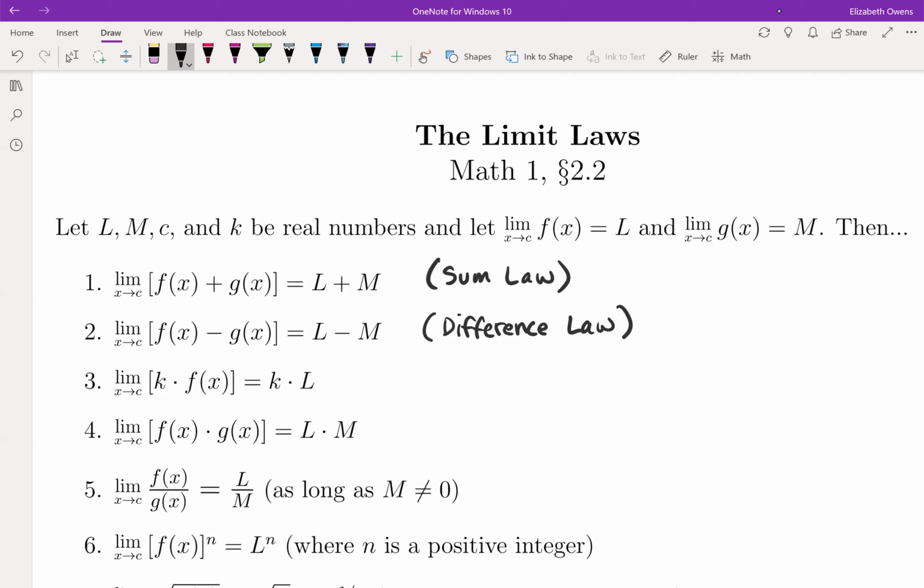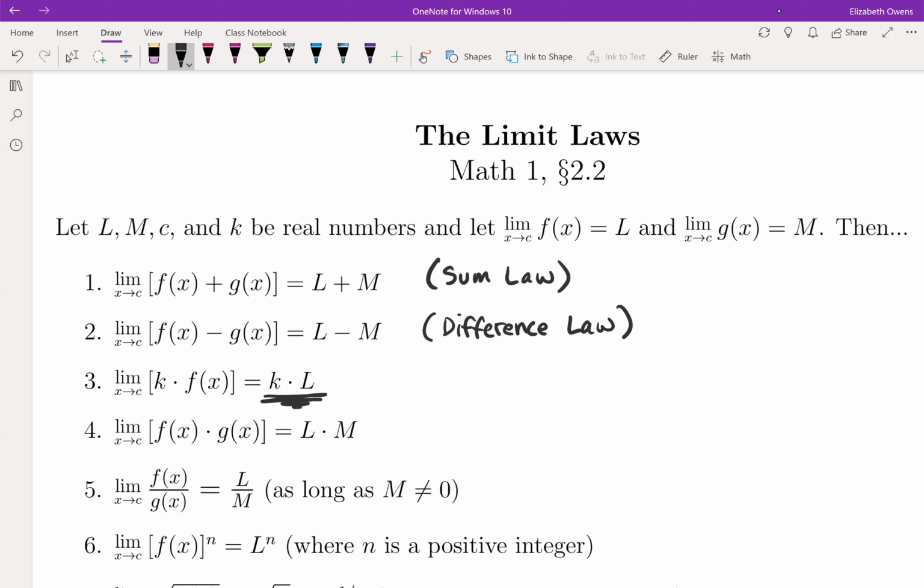So sum and difference. Here in number 3, we are multiplying our function by some real number, because remember k is a real number of some sort. So we're essentially scaling the function up or down, multiplying by some constant there, and you're just going to scale the limit up or down by that same factor.